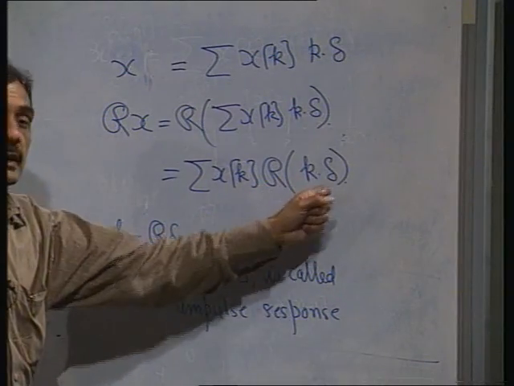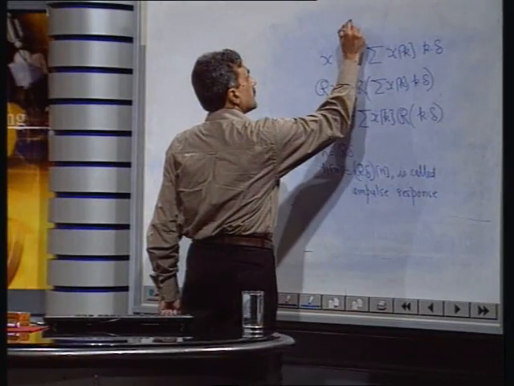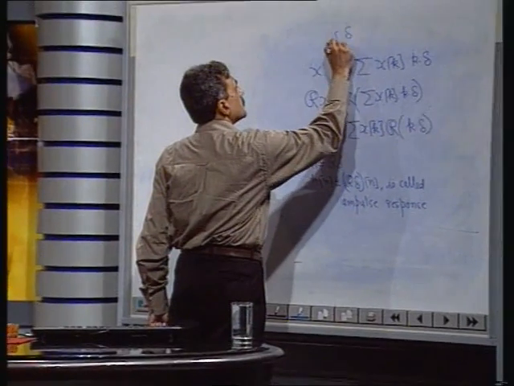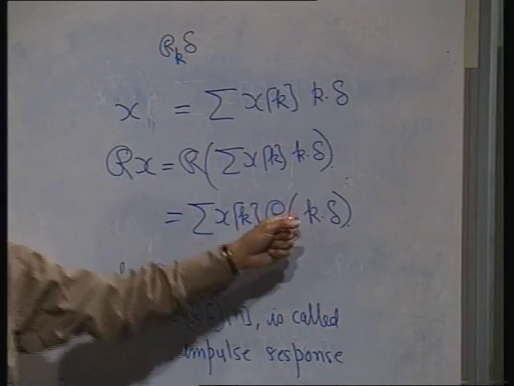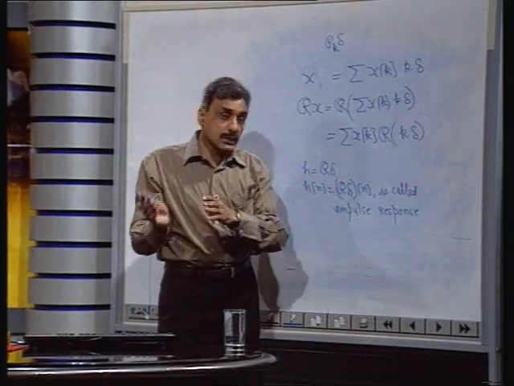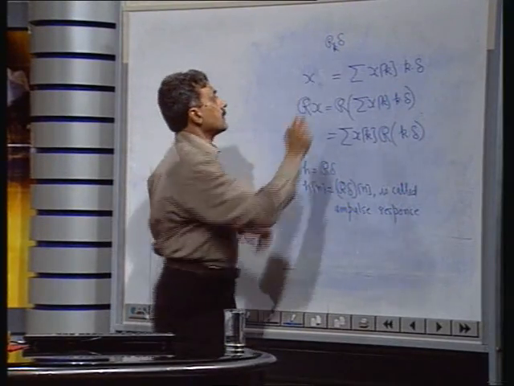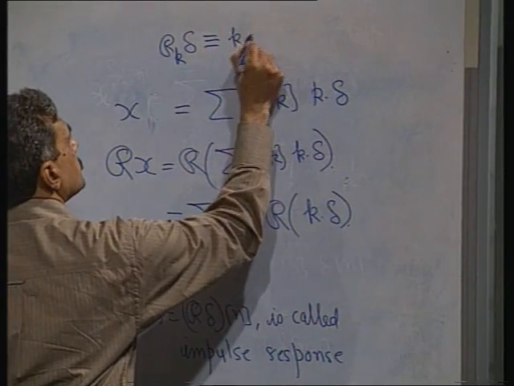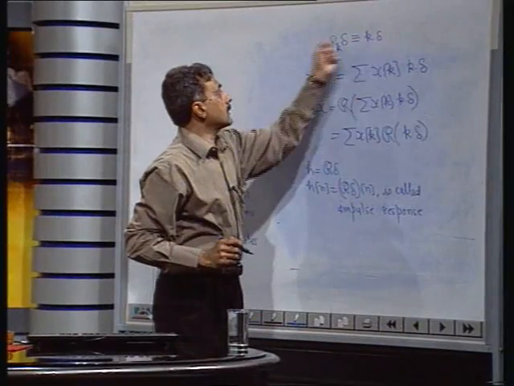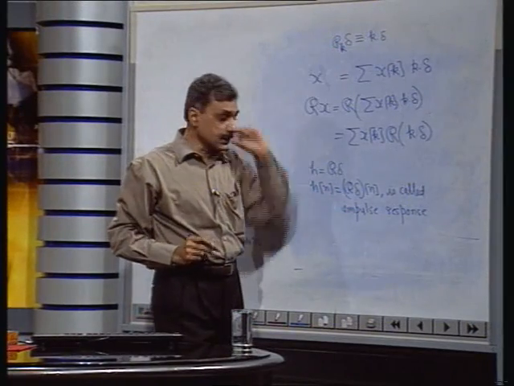So k dot delta basically means that delta is passing through the delay system, which delays by k. This is my notation: k dot delta is the delta function passed through a delay system.